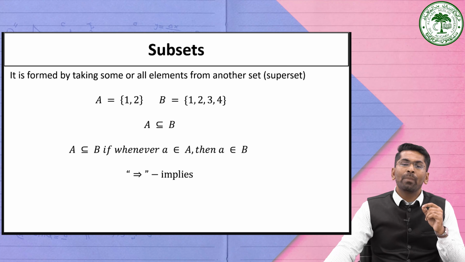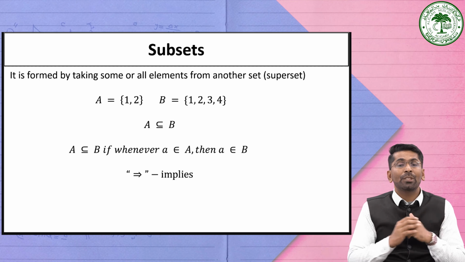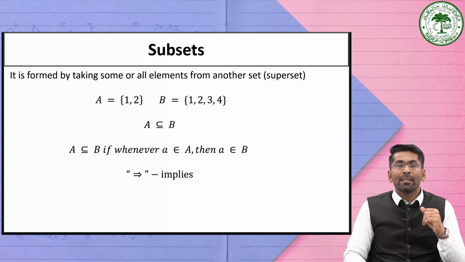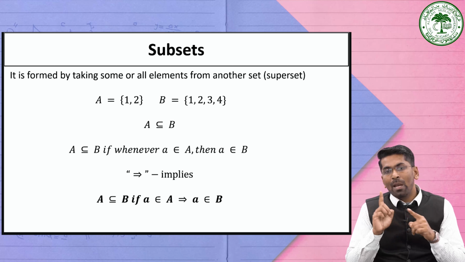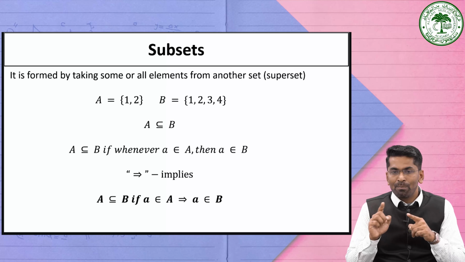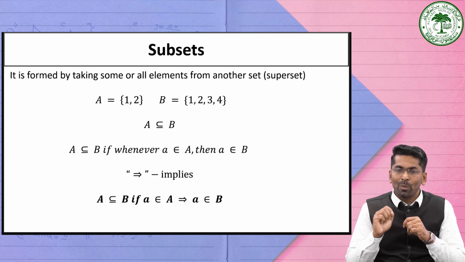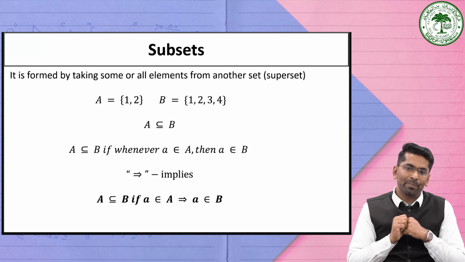Using this symbol, we can write the definition of a subset as: A is a subset of B if a ∈ A implies a ∈ B.